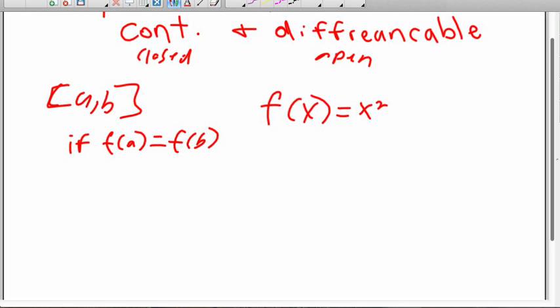What interval? On the interval 0 to 2. I don't know why I wrote that wrong. It would be a closed interval.